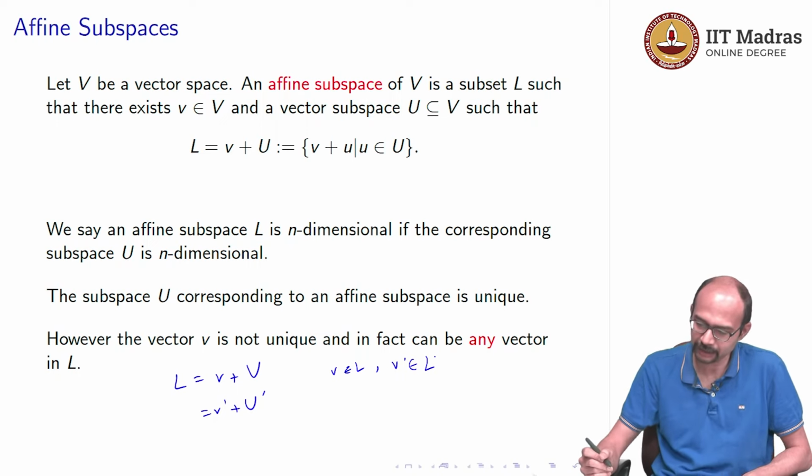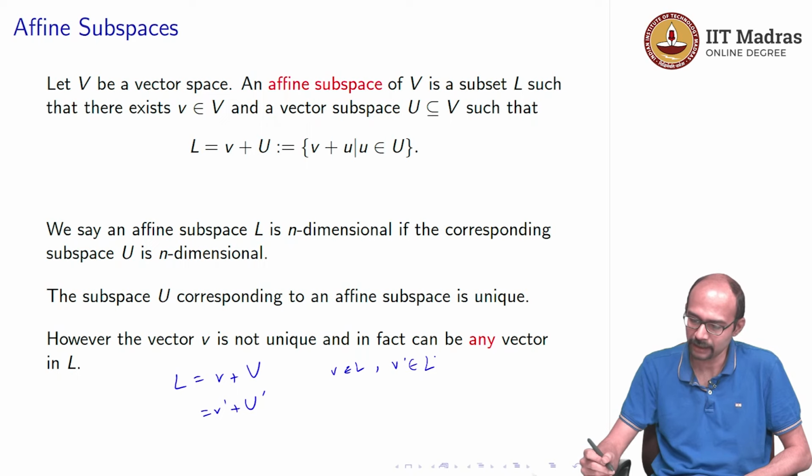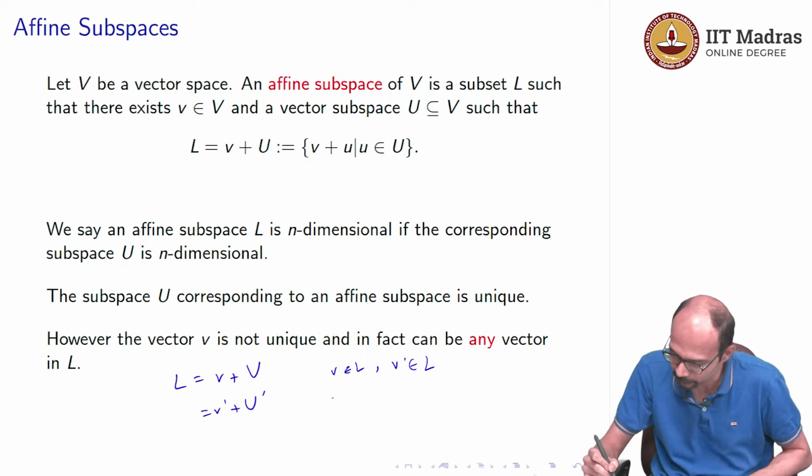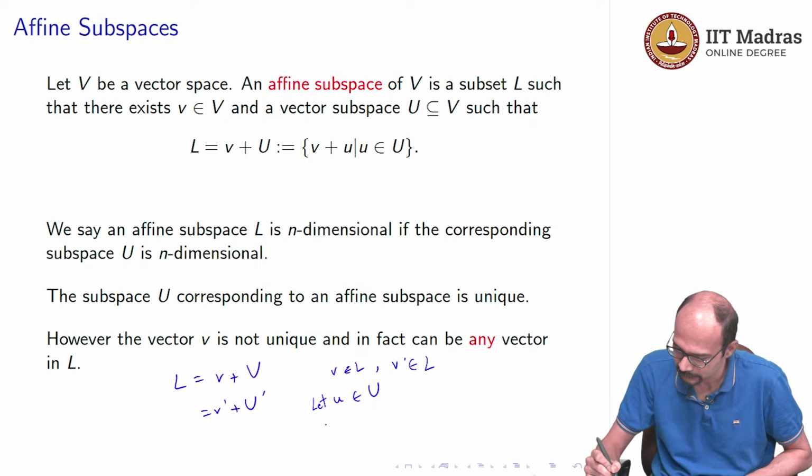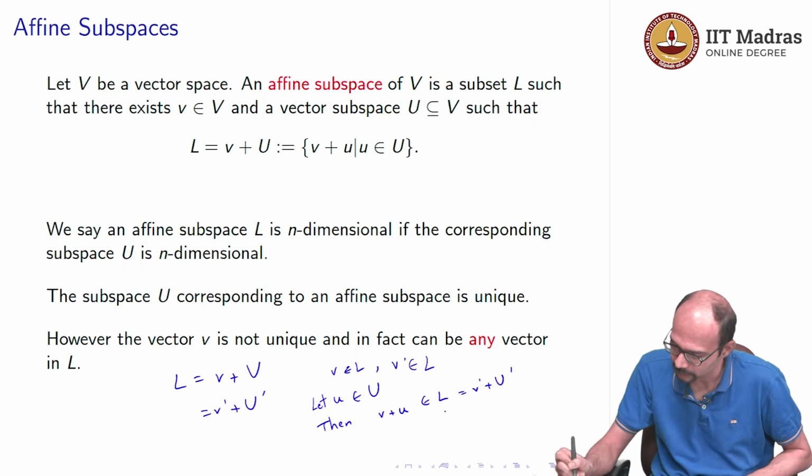Then we can try to express v prime in terms of v plus U, and v in terms of v prime plus U prime, and that should give the idea for why U is equal to U prime. For example, let little u belong to capital U, then v plus u belongs to L.